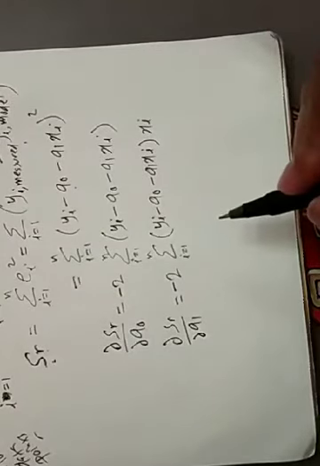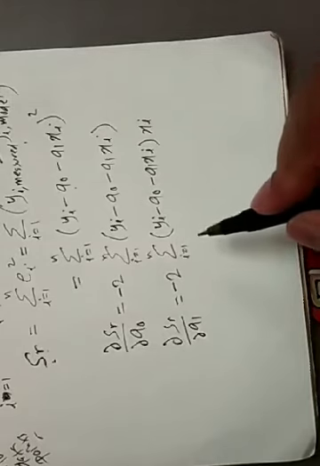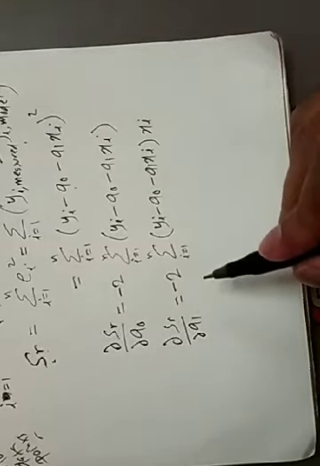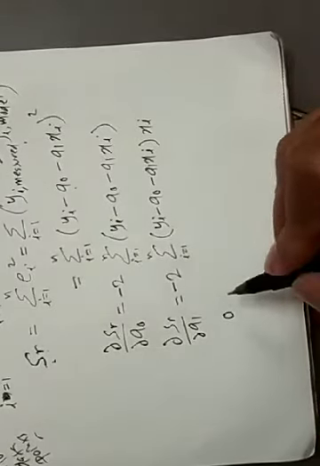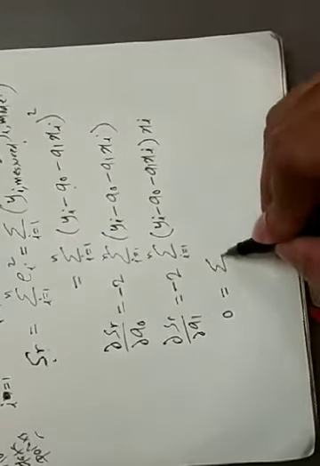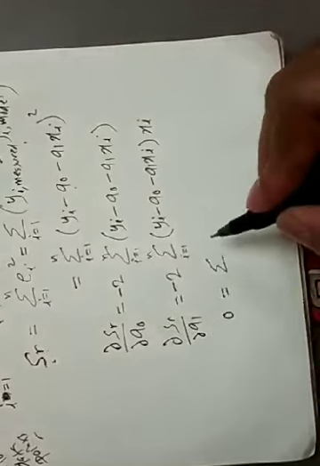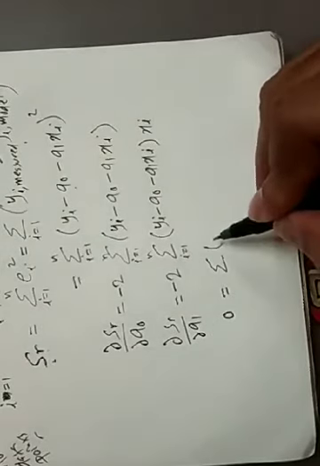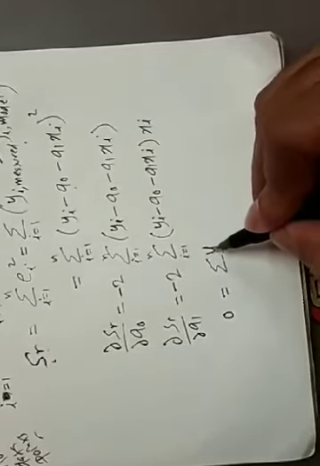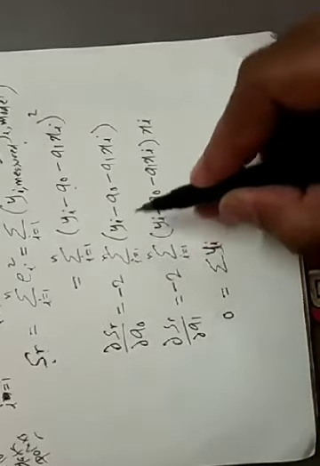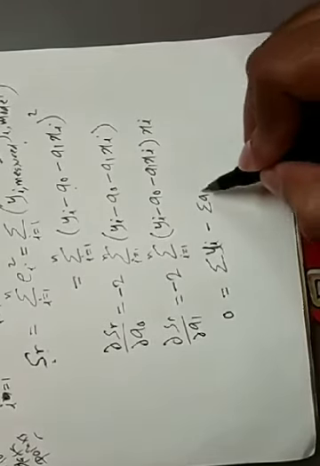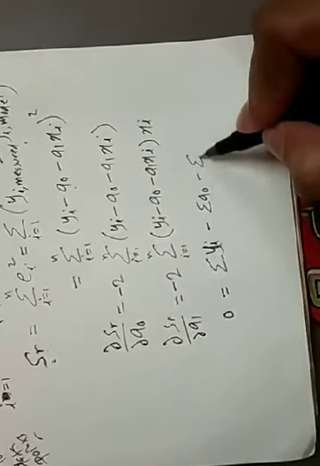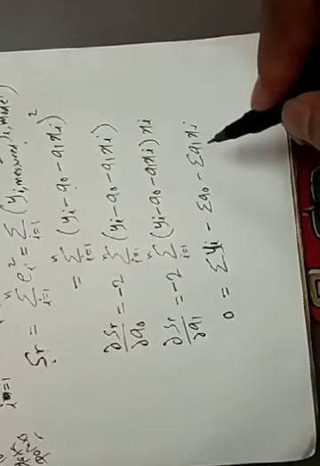Now we know that for finding the minimum value of this SR, we have differentiated it and equated to 0. So 0 is equal to the summation of, now this minus 2 cannot be 0, so it is summation yi minus summation a0 minus summation a1 into xi.